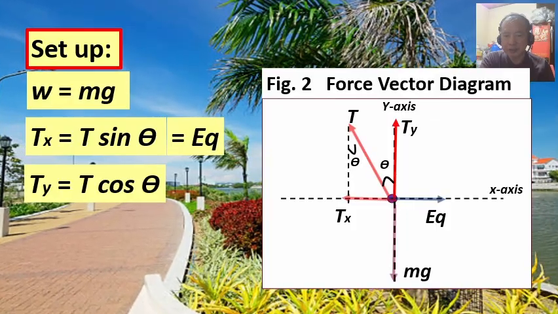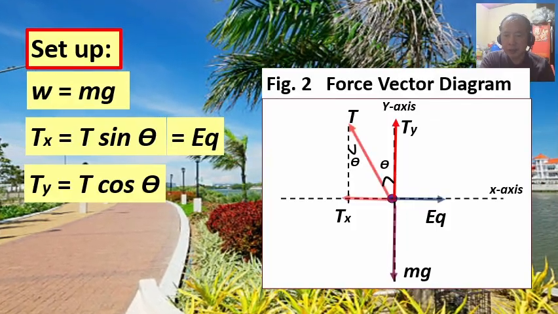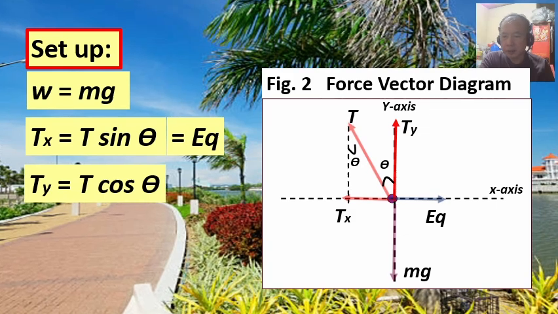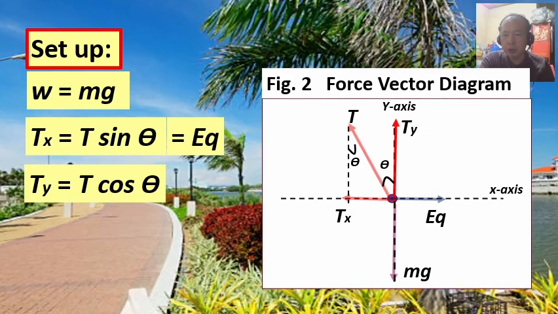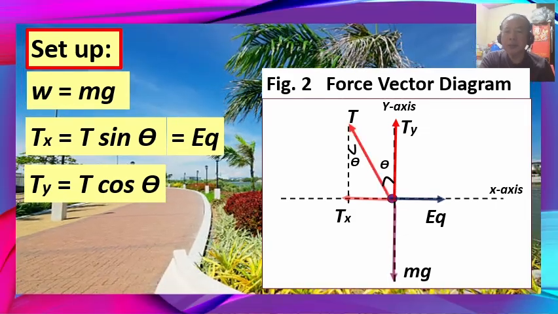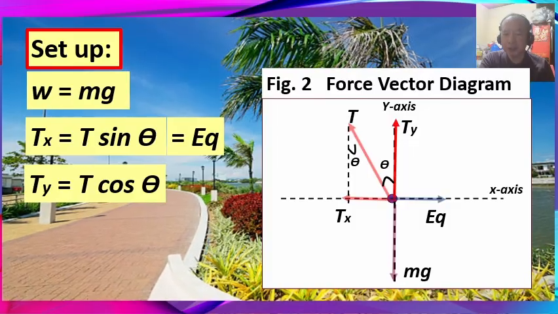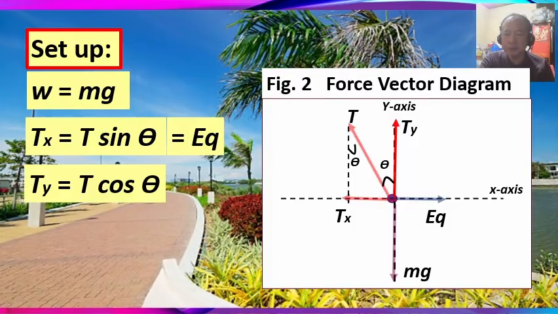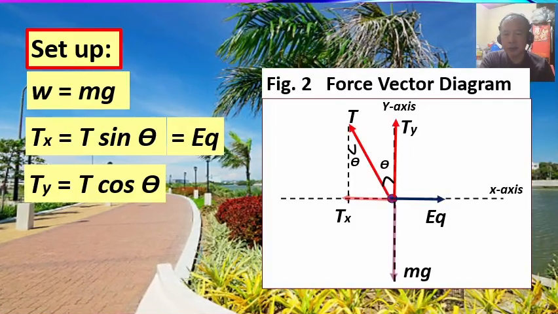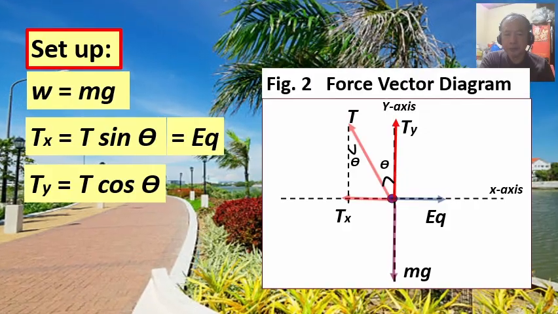So Tx and the force EQ are of the same magnitude but opposite in direction. So the vector sum is equal to 0, right?